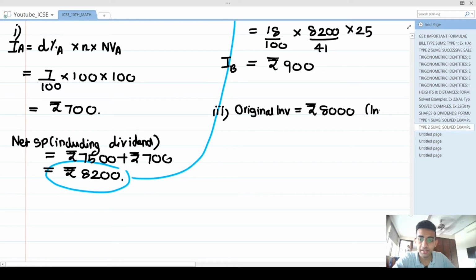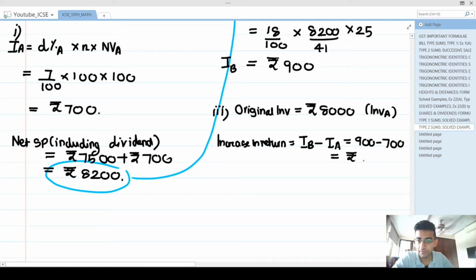This was his investment in company A. Now, increase in return is IB minus IA, which is 900 minus 700. You have to just pick out the data, whatever you found out.